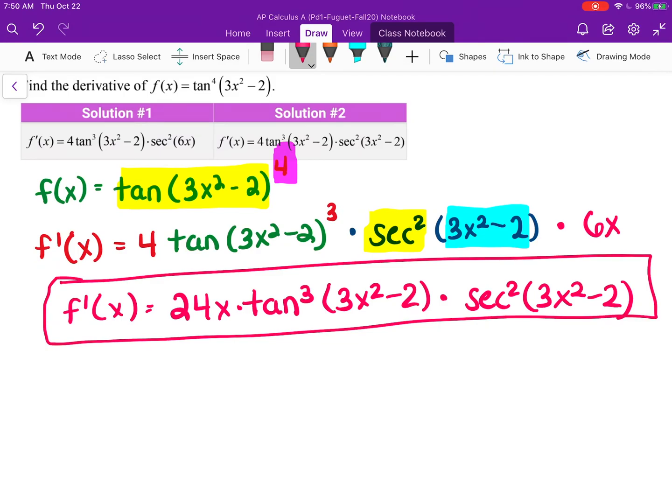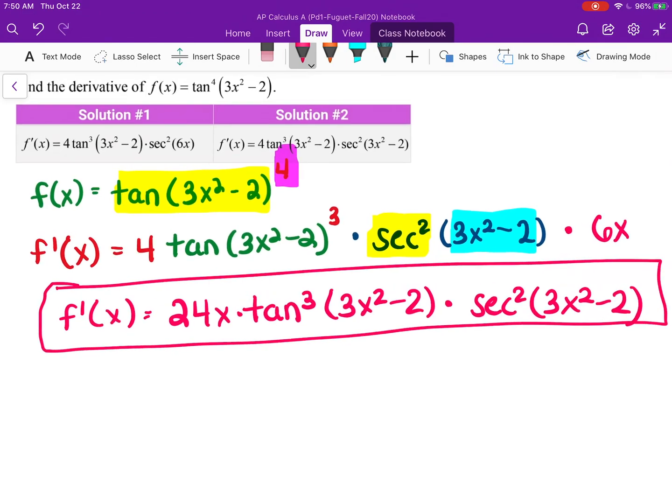And we've actually taken the derivative of the original function. So this would be your final answer.